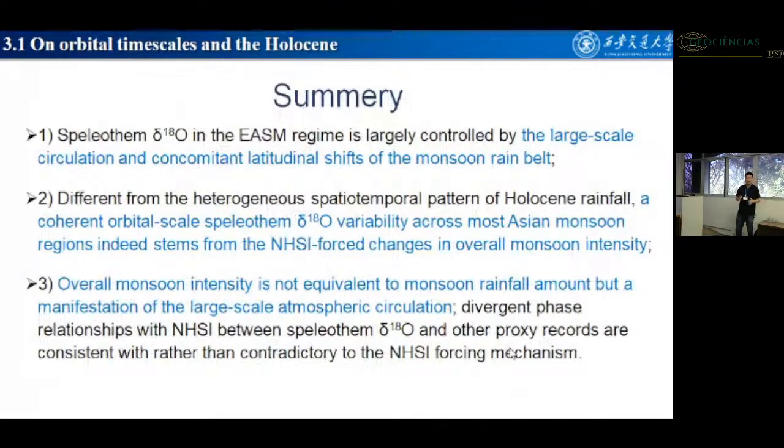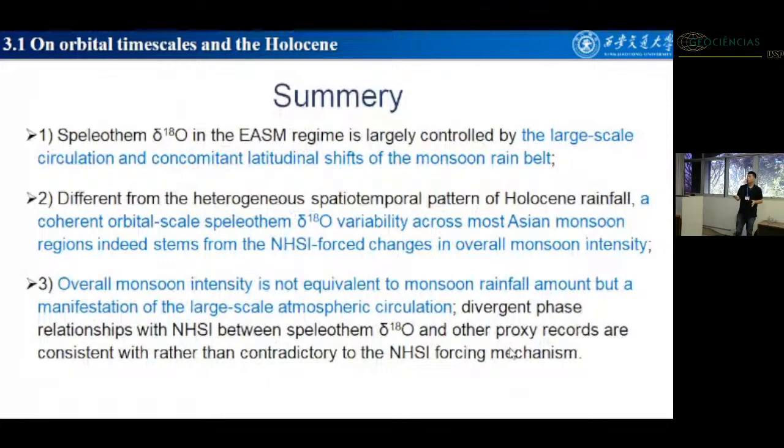A coherent orbital-scale speleothem variability across the whole Asian monsoon region can reflect the overall monsoon intensity, which is forced by the Northern Hemisphere summer insolation.